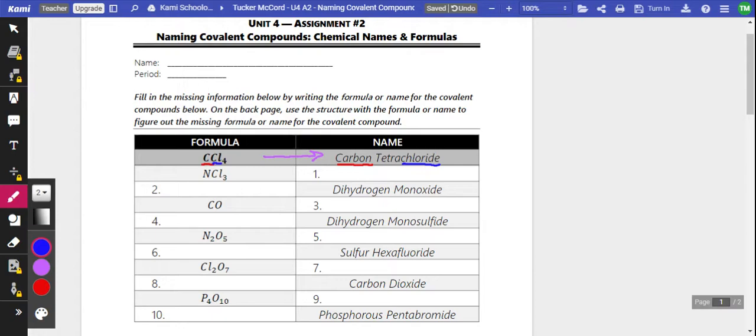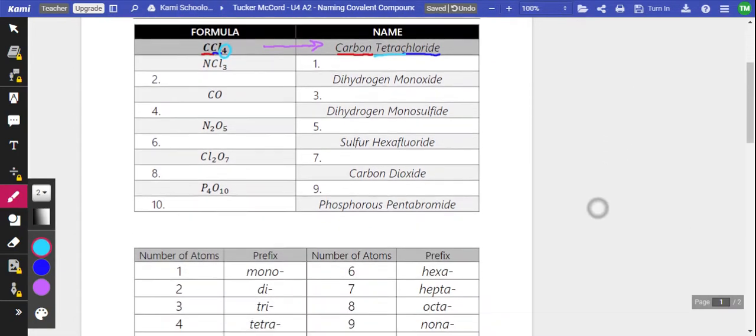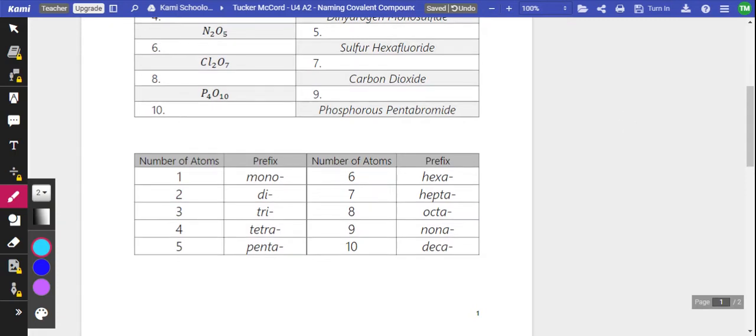But again, we need to be more specific about how many atoms there are of each element. So in order to account for this 4 here, I need something in the name to tell me there are 4 of those chlorine atoms, which is what this tetra is here for.